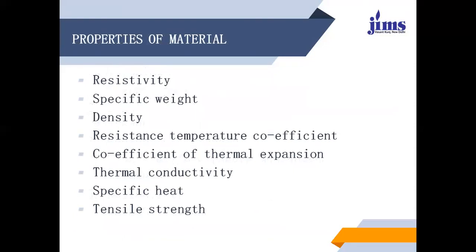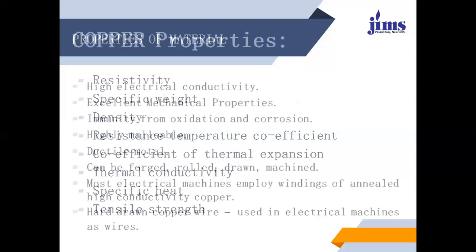The properties related to such a material are resistivity, specific weight or density, resistance temperature coefficient, coefficient of thermal expansion, thermal conductivity, specific heat, and tensile strength. These are the different properties associated with a material when selecting it for any kind of electrical application.